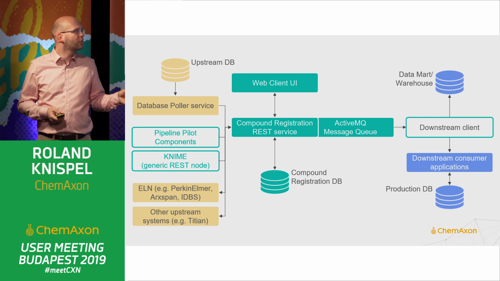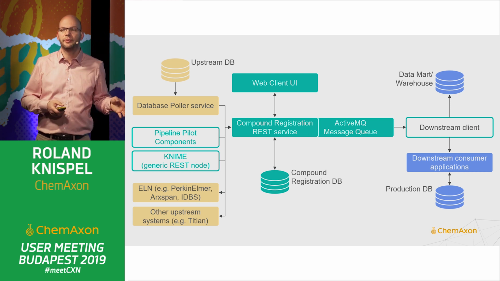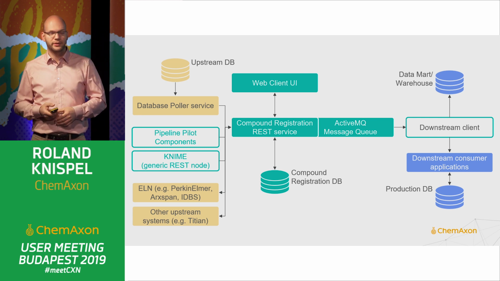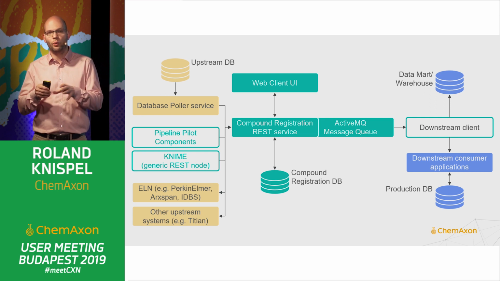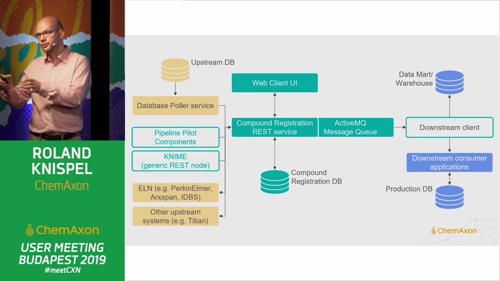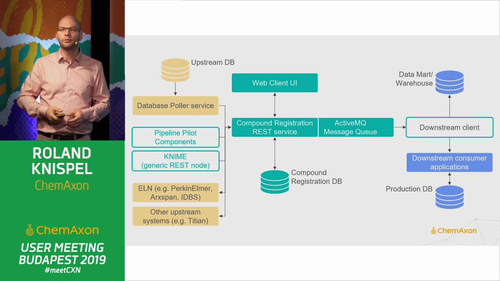So you can grab from there the information about new additions, updates, or deletions in order to feed a data mart or data warehouse, where most of your aggregation with biological data would happen.